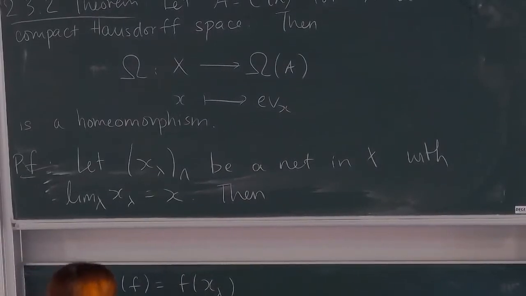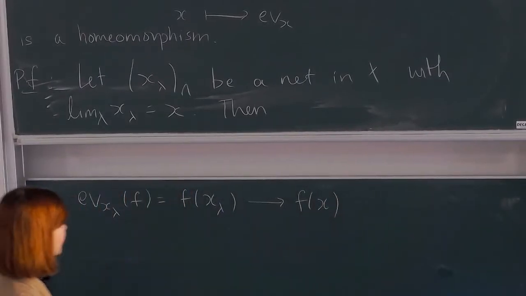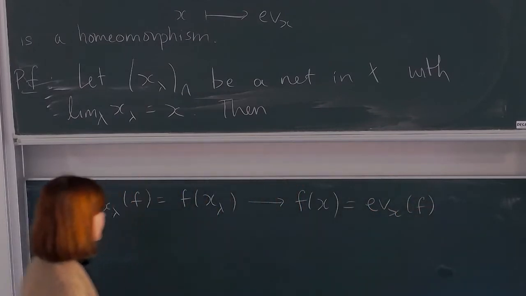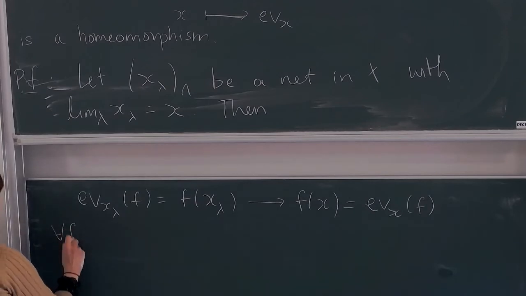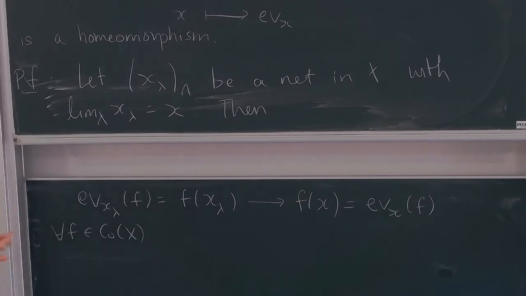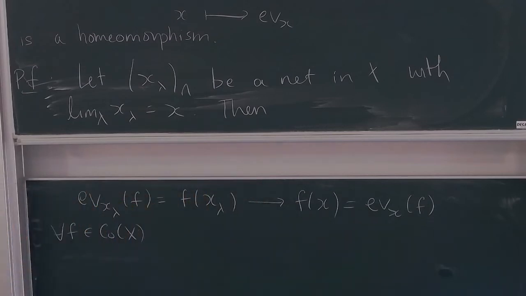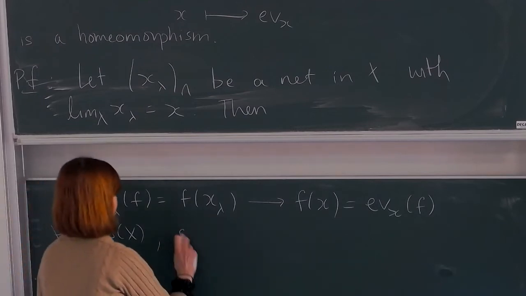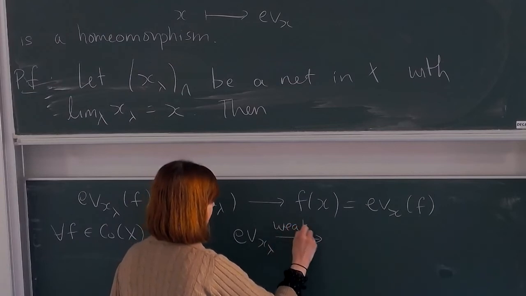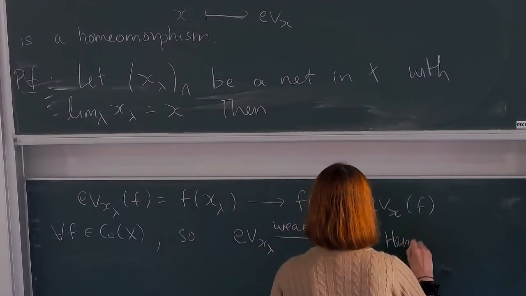And if this is a net converging to x, since f itself is continuous, this will converge to f of x, which is of course just the evaluation of f at x, and this is true for every f. So this converges pointwise to this, which is exactly what we want in the weak star topology. So we get continuity.